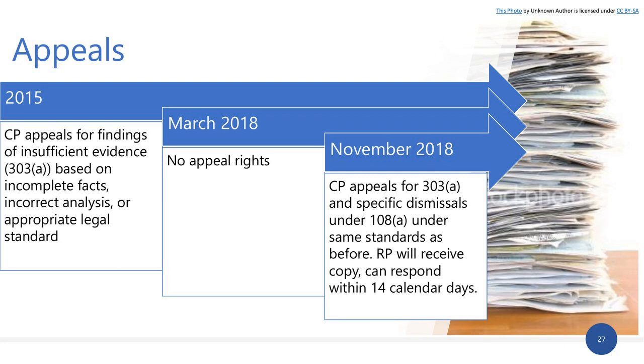This is really important. As I noted before, you should obviously raise any issue that you think justifies dismissal or a finding of insufficient evidence, even if it wasn't addressed by OCR in their dismissal letter or in their letter of finding. You should address those things.